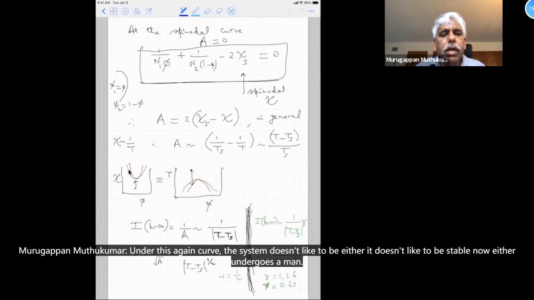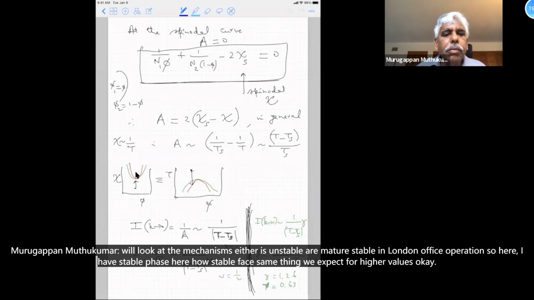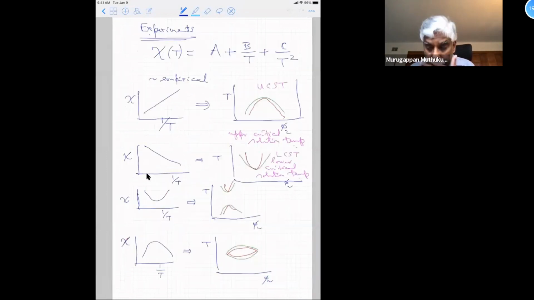Under this green curve, the system doesn't like to be stable. Either it's unstable or metastable, and we'll look at the mechanisms, it will undergo phase separation. So here I have a stable phase, here I have a stable phase. Same thing you expect for higher values of chi.